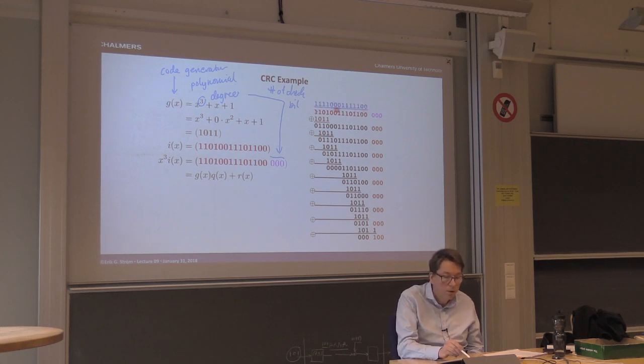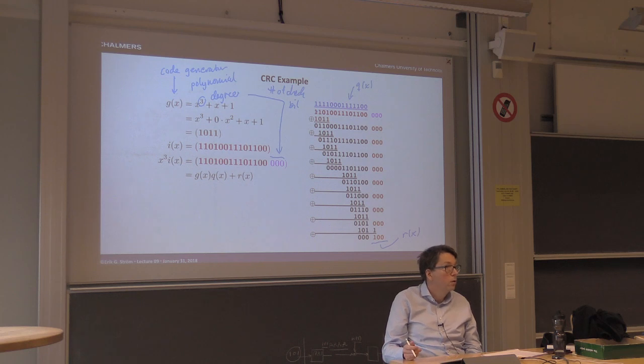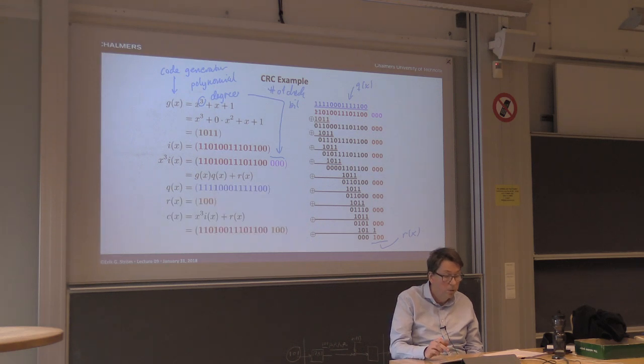The quotient is this. We don't care about the quotient, so you don't have to calculate that. Okay, so the quotient is the blue bits here, but we only care about the remainder.